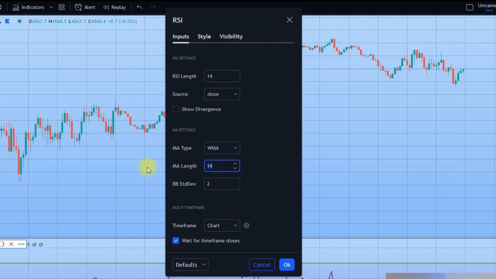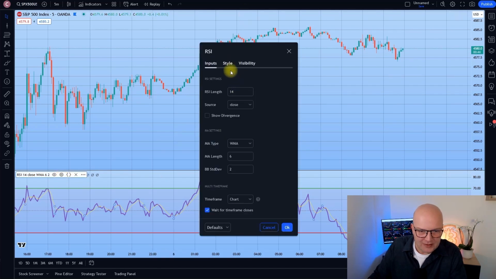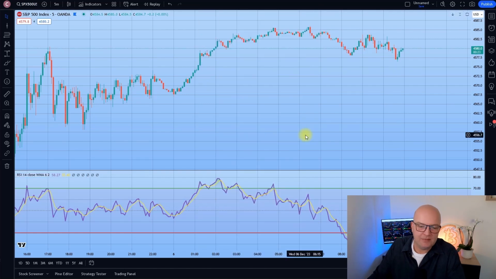The length should be 14 here as well. We want to change this to 6. The standard deviation we leave at 2. Click on apply again. You could of course also change the thickness of the line of the moving average, just to make it a little more appealing to the eye.